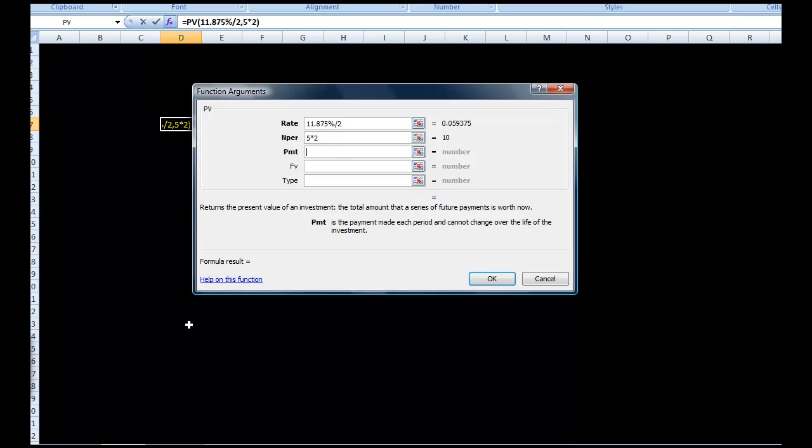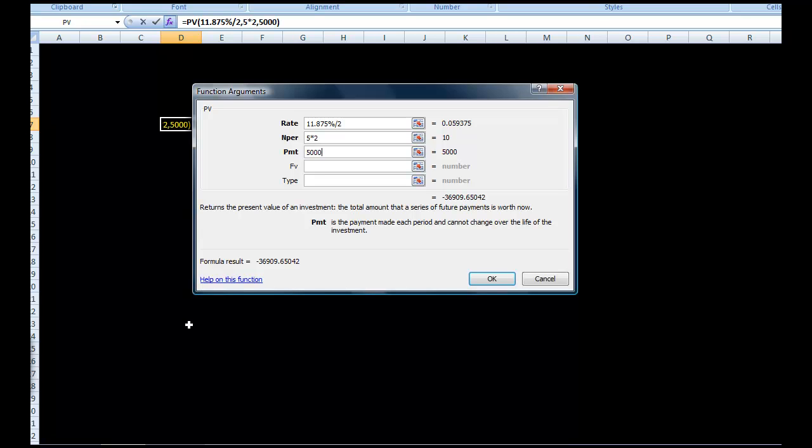Now the next thing it asks us for is the payment. These bonds have a face value of $5,000. That's fixed, and you can see that on the bond, up in the top right hand side. That's what the bonds are worth, so it's like 5 $1,000 bonds.